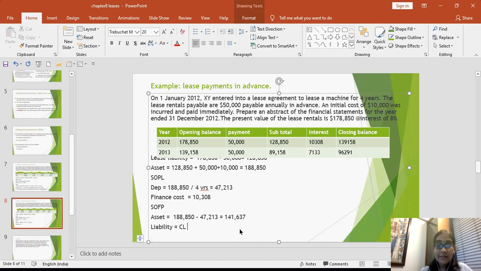So your current liability will be equal to the payment that would be made immediately, and your non-current liability would be the difference between 1,39,158 minus 50,000. So you will get 89,158. This would be your non-current liability.